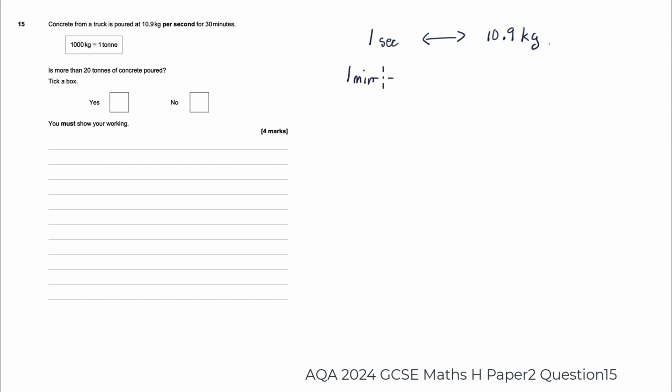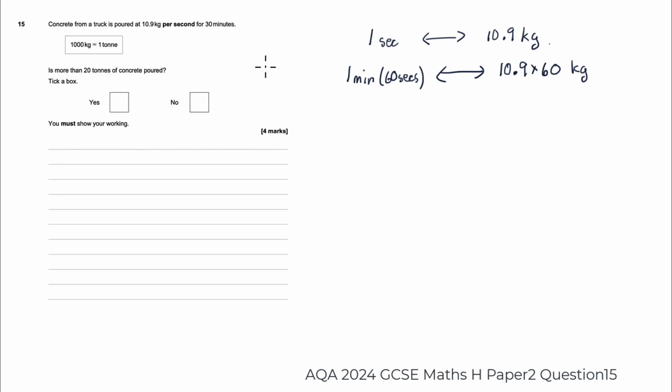And we know that's 60 seconds. So in 1 minute, we'll have poured 60 times what we pour in 1 second. So it's 10.9 times 60. Now we'll not do the calculation yet. We can bring the calculator on later. So wherever this comes to, we now know that that's what's poured in 1 minute.